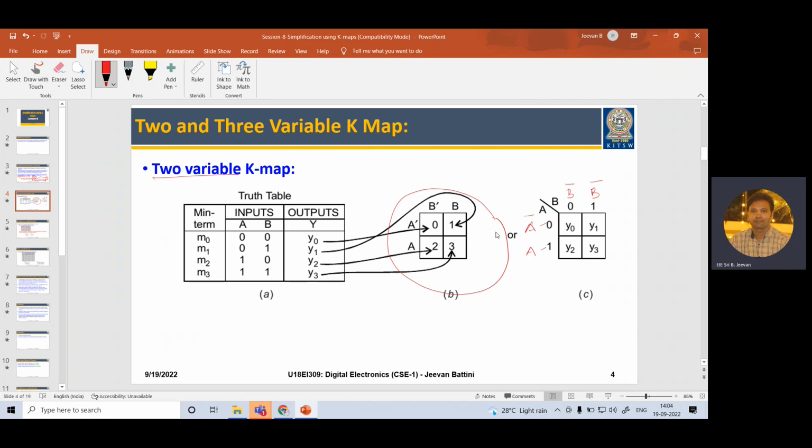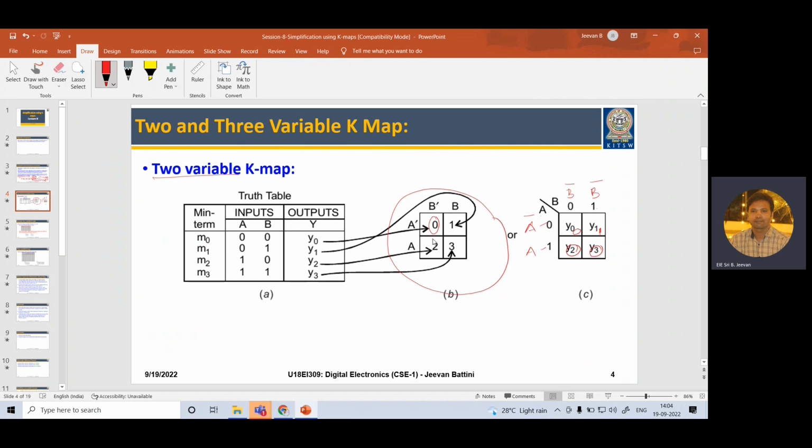What is the decimal equivalent of these cells? For 0 0, the decimal equivalent is 0. For 0 1, it is 1. For 1 0, the decimal equivalent is 2. For 1 1, it is 3. This is how we find the decimal equivalent of the corresponding cell in a K-map.